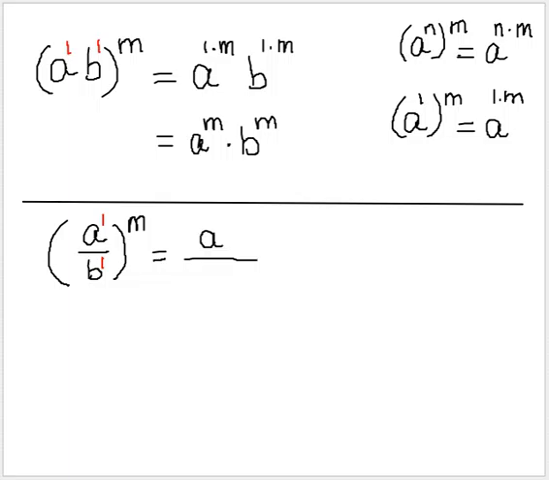We get a to the power of what? This would be m. Very good. 1 times m would be simply m. Barbara, can you tell me what we have at the bottom of the fraction? That would be b to the power of what?